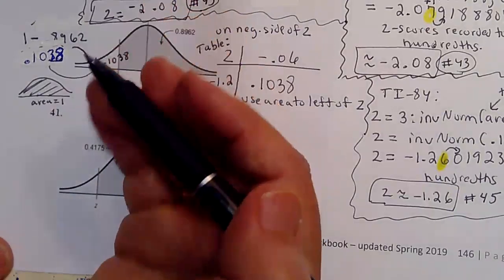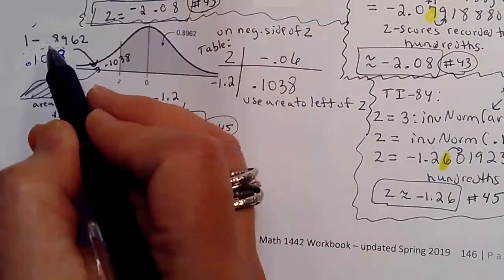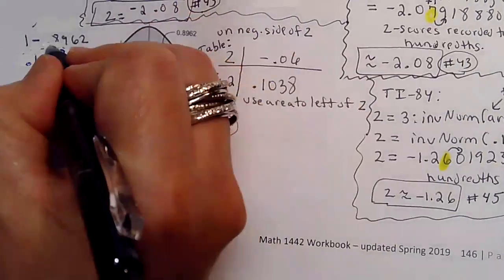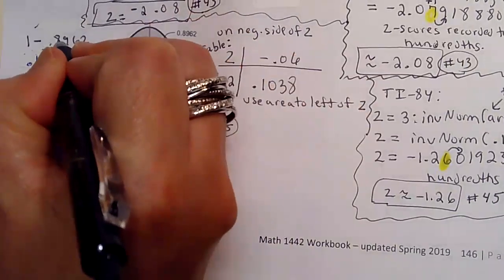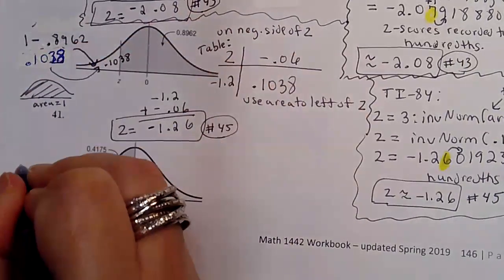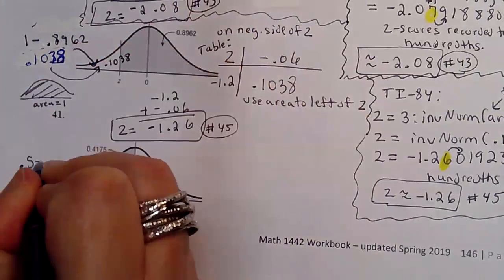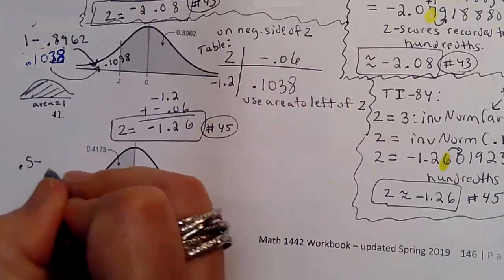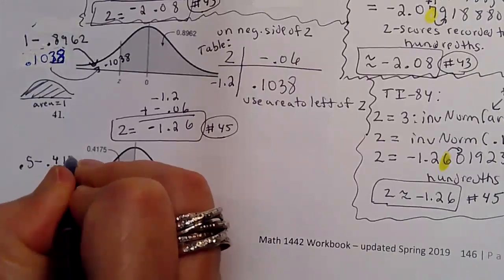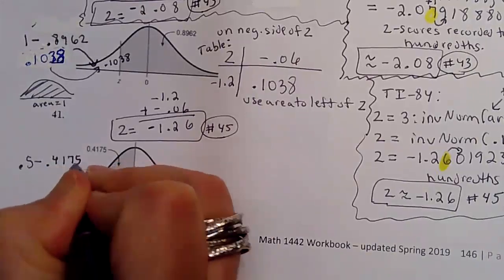So it's a similar idea to here, where we did 1 minus 0.89 a while ago. You're going to do 0.5 minus this, which is 0.4175.